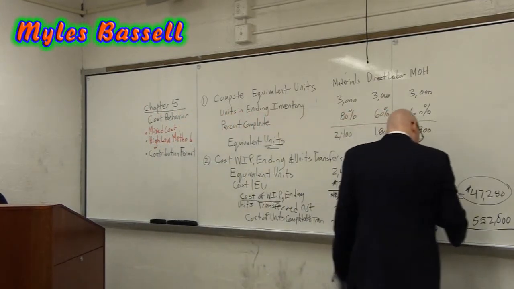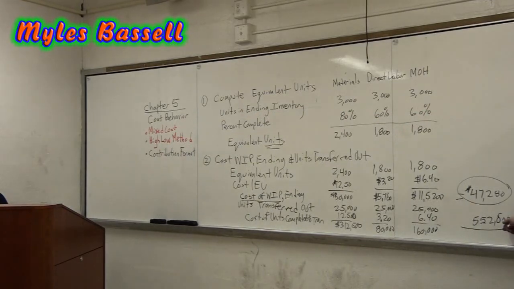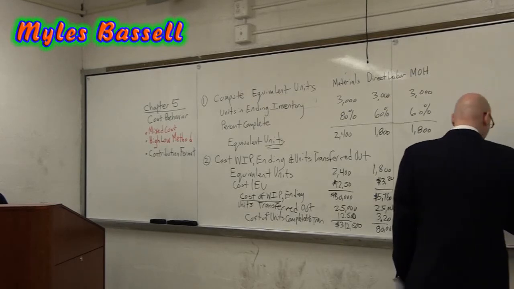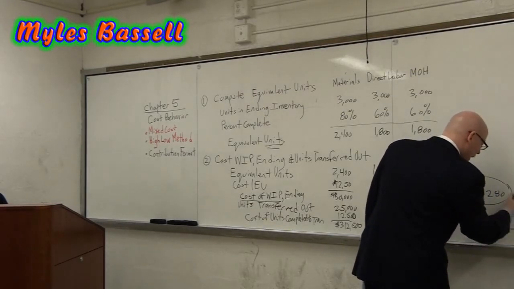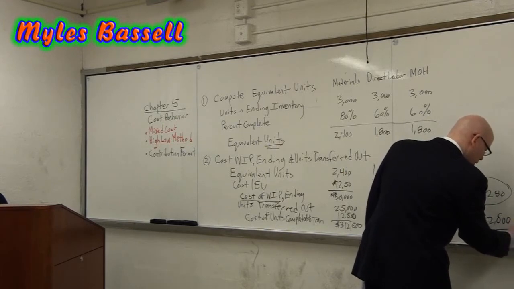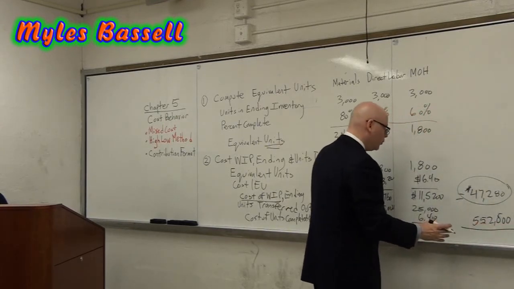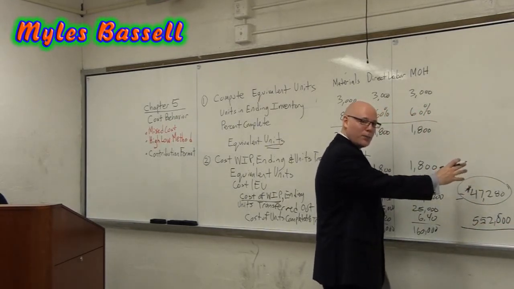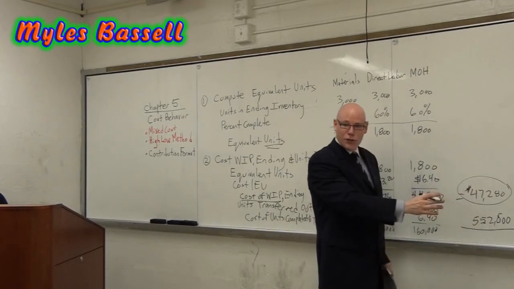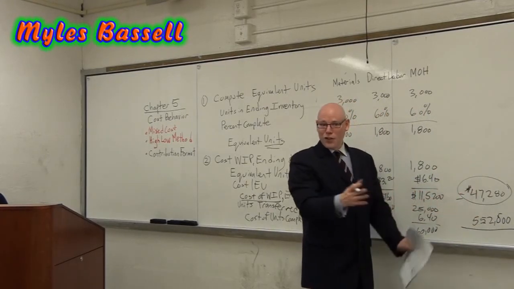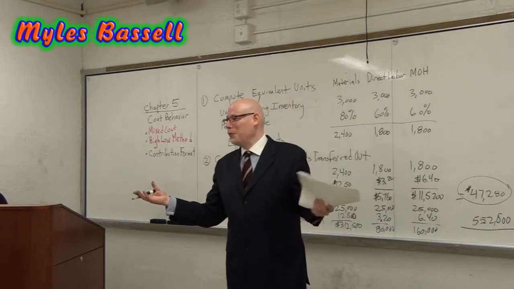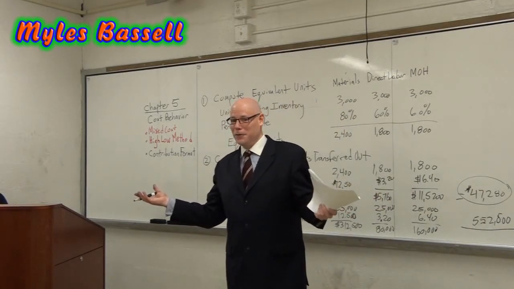So we have that's 552,500. And then you add them together. But you see why you need to add them together after, right? It's better to do it this way so that you know the value of your WIP and the value of your finished goods. Because if they're together, we don't know what we have.